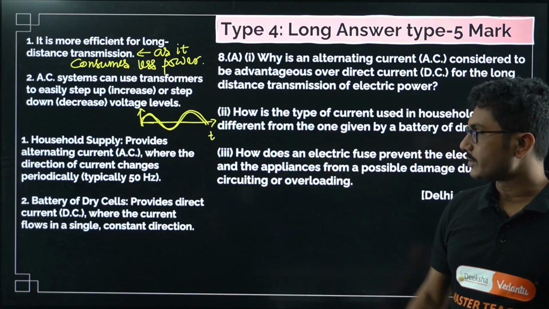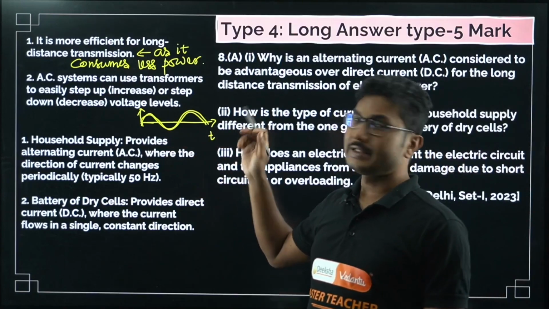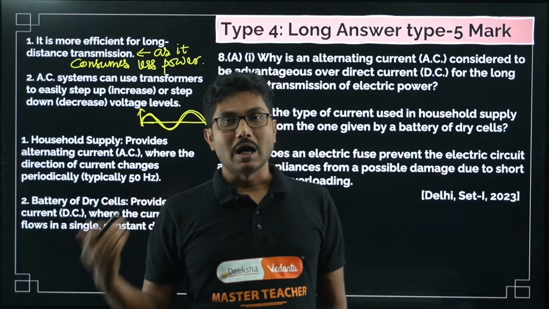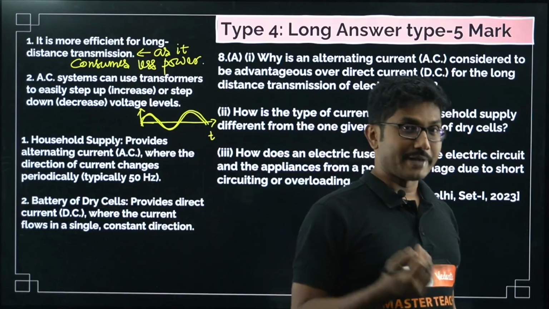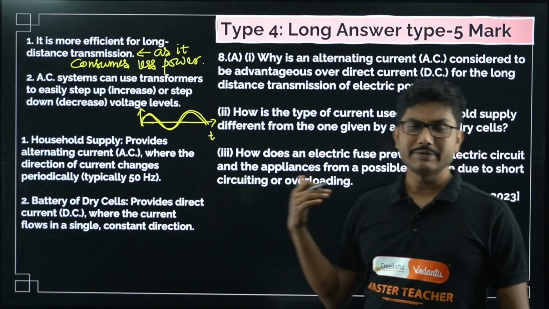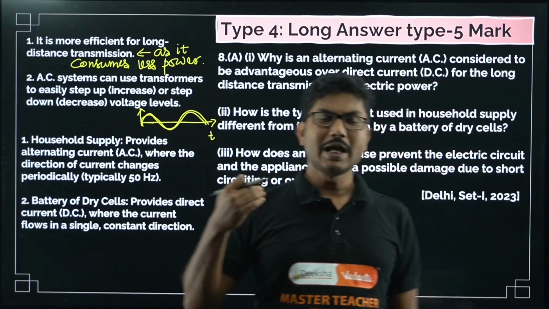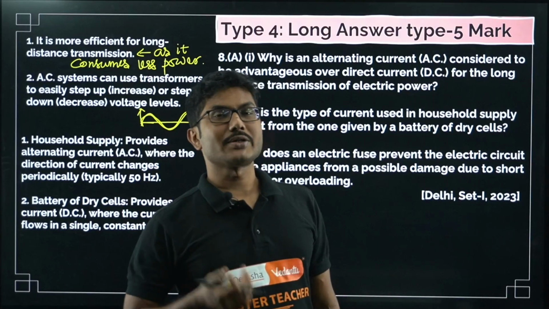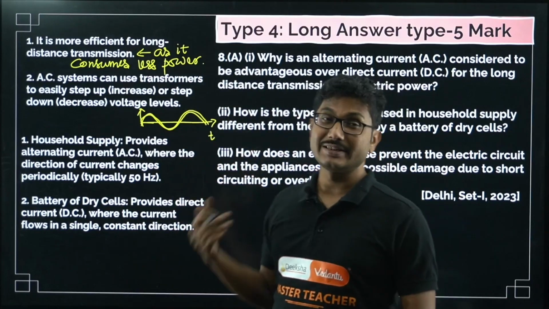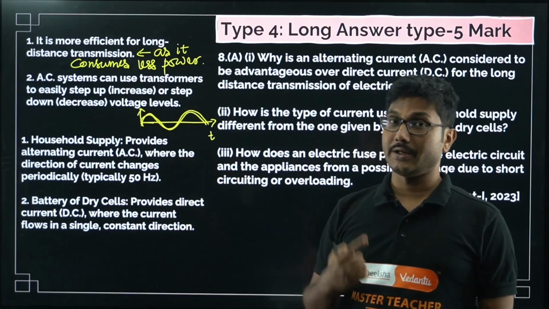It fluctuates, and the frequency is 50 Hertz. So every second it fluctuates 50 times. The frequency represents how many times it fluctuates in 1 second. So 50 times it changes its direction in 1 second only.